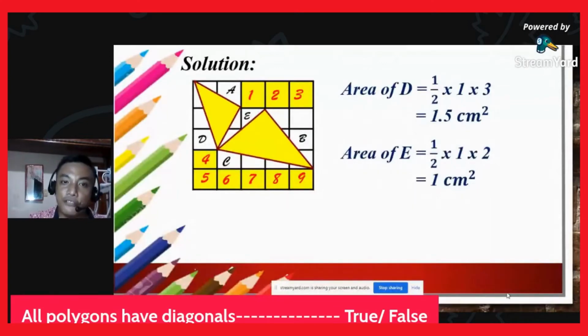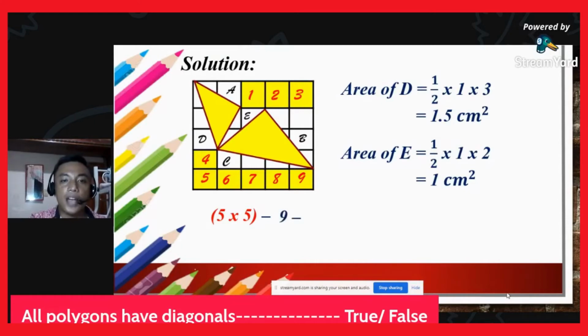We're going to find first the area of the whole square. What do you think is the area of the whole square? It's simply 5 times 5. So we're going to subtract the area of the 9 squares and the area of the 5 triangles.